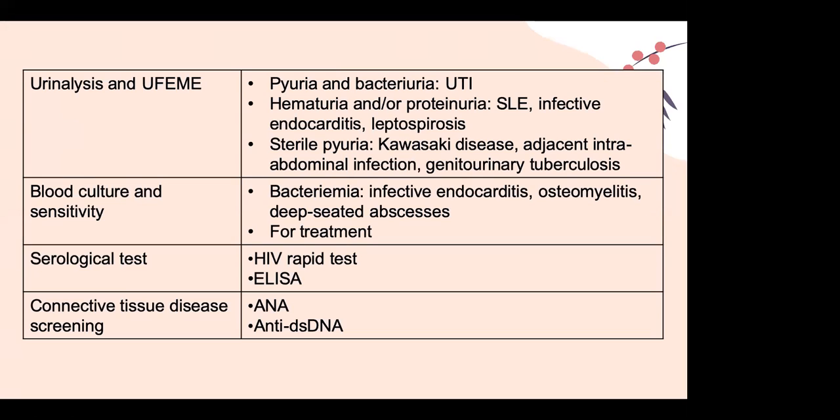Next, serological tests: HIV rapid test, because of high risk of immunodeficiency, and also ELISA, for example for EBV. And then connective tissue disease screening, such as ANA and anti-dsDNA for SLE.